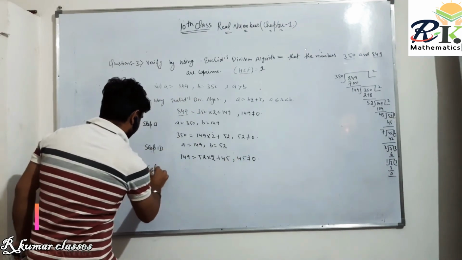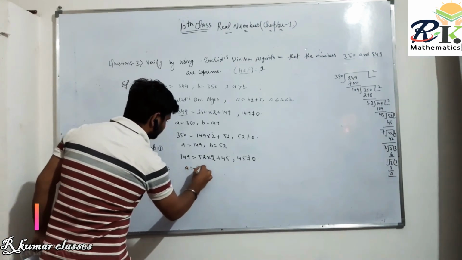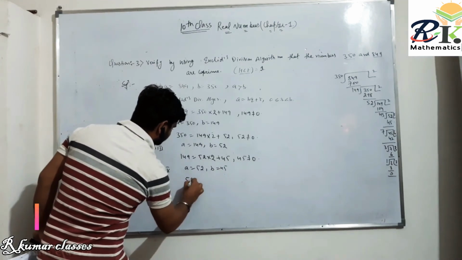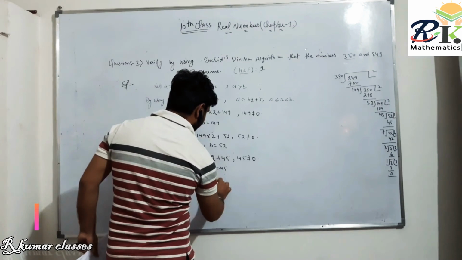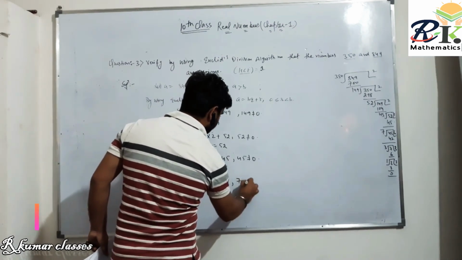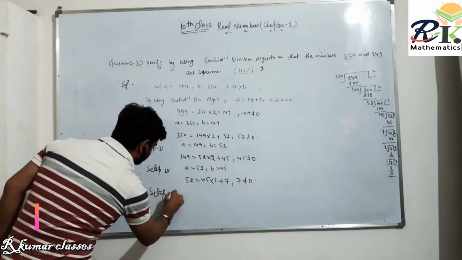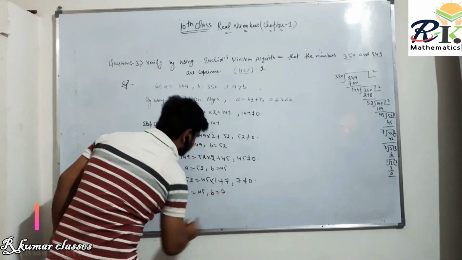So again apply step 4. In step 4, a is 52 and b is 45. So 52 is equal to 45 into 1 plus remainder 7. So 7 is not 0. Again apply step 5. In step 5, a is 45 and b is 7.